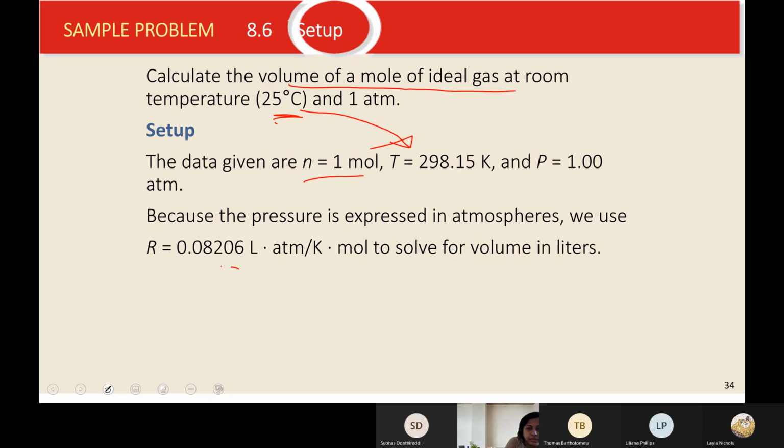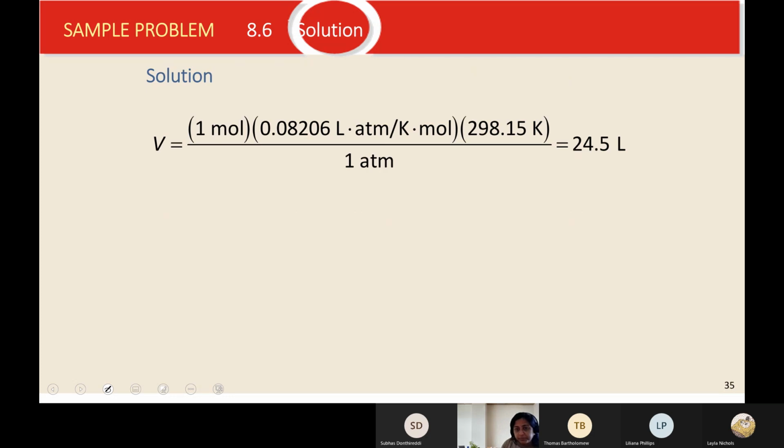Because the pressure is expressed in atmospheres, we use the gas constant 0.08206 liters multiplied by atm divided by K and mole to solve for the volume in liters. When I plugged in these numbers, I found the answer as 24.5 liters for the volume.